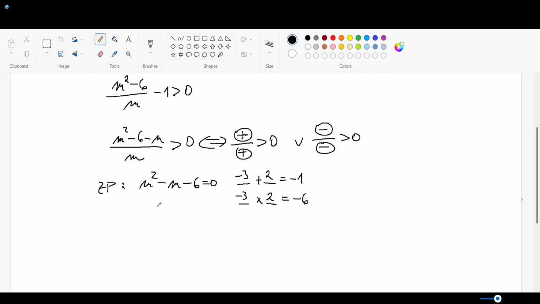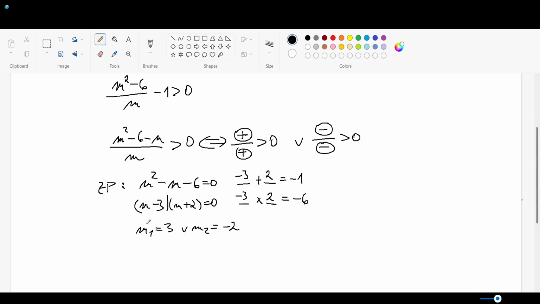So this quadratic equation can be written as (m minus 3) times (m plus 2) equals 0. From this I can very easily read that my roots are m1 equal to 3 and m2 equal to -2.